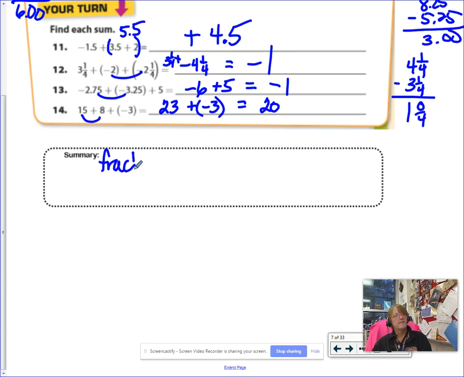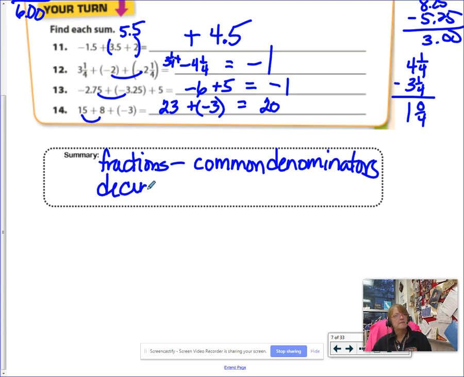Fractions, make sure you have common denominators. If you have decimals, line up that decimal point. If you have same signs, add them together.